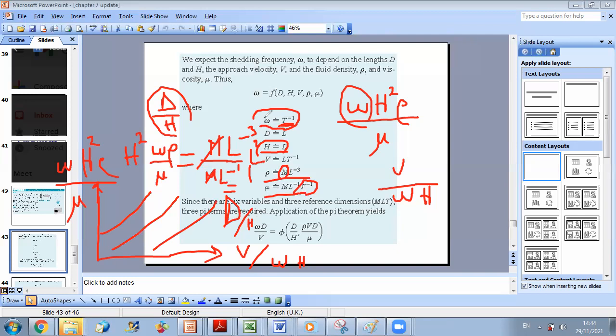In the chart, we fix one variable and we vary the other. How do they make the chart? They do an experiment. You fix D over H, and you vary V, and for different values of V you measure experimentally omega. Then you can draw this line. How do you move to another line? You change D or H. If your independent variable is H, you vary H, then you have a new value of D over H. Now again you take several velocities and you measure the corresponding omega, and you get another graph, etc. So this is the experimental work: you need to perform several experiments to be able to give these charts.